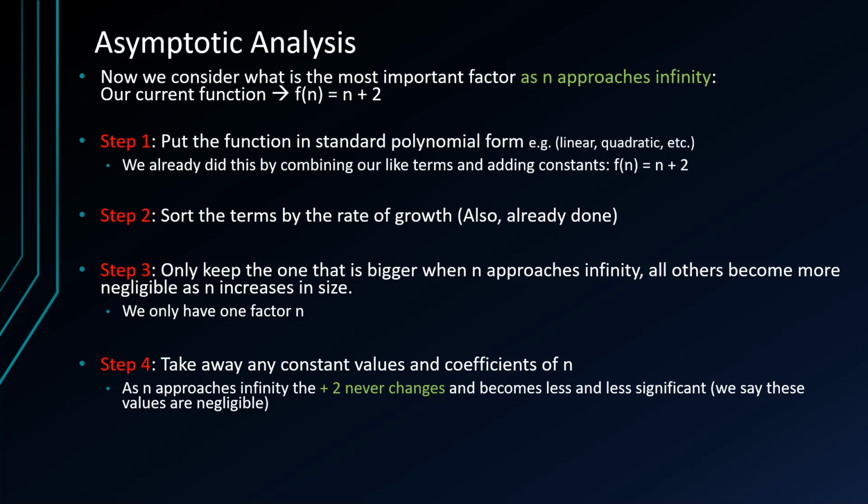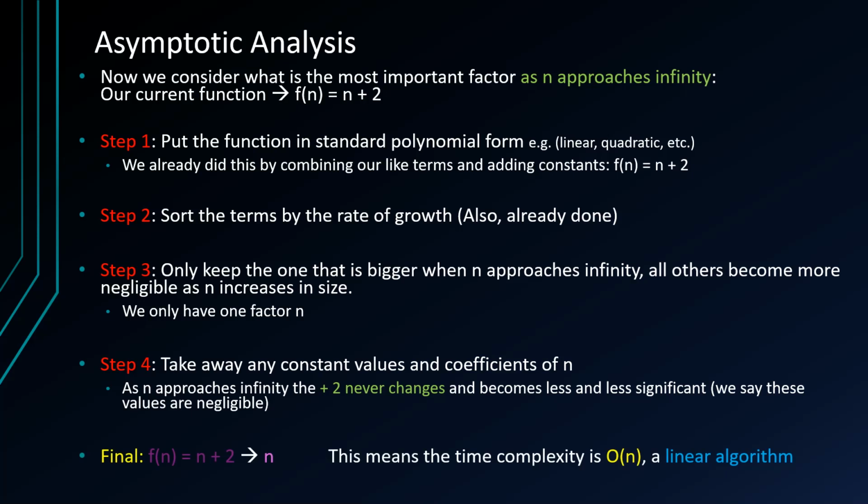And then, of course, any constant values like that plus 2. Well, 10,000 plus 2, 10 plus 2, 10 billion plus 2, that plus 2 is irrelevant. So we throw it away. So all constant values and all coefficients, gone. So what we end up with is f of n, which is equal to n plus 2, just becomes n.